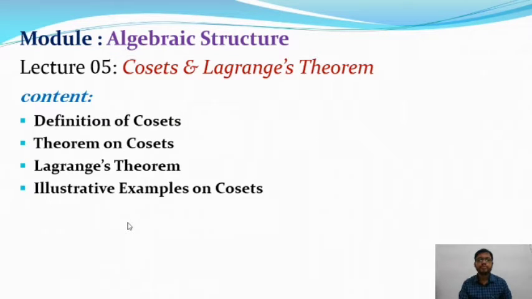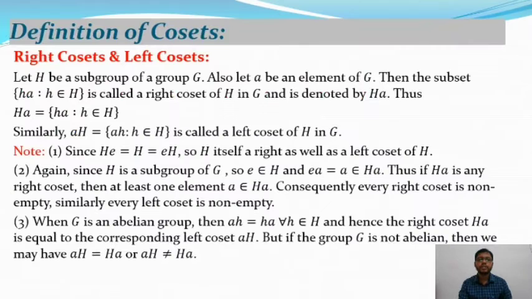At first we will begin with the definition of coset, and you know there are two cosets, right coset and left coset. So here is the definition.